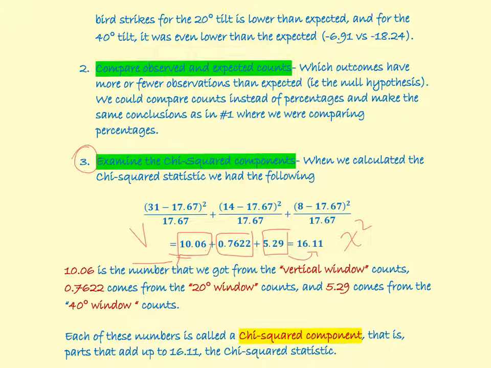And that's what we see from the chi-squared components. The second one is, of course, the one that comes from the 40-degree tilt. So from further analysis, we can add that the vertical windows do have the maximum number of bird strikes, and tilting the window to a 40-degree level does reduce the number of bird strikes.